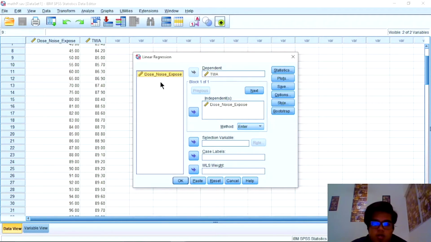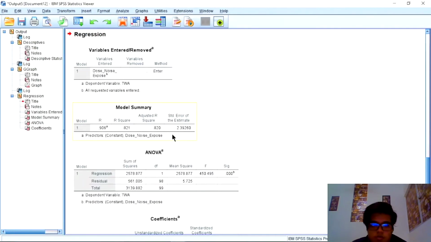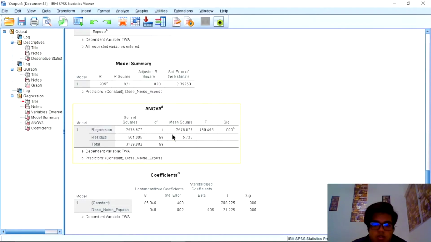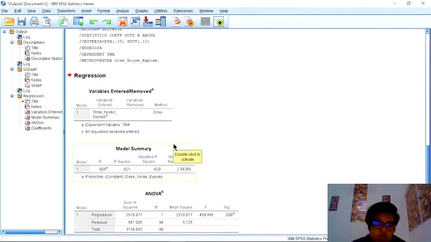For independent, we enter the dose noise exposed, and then we press OK.